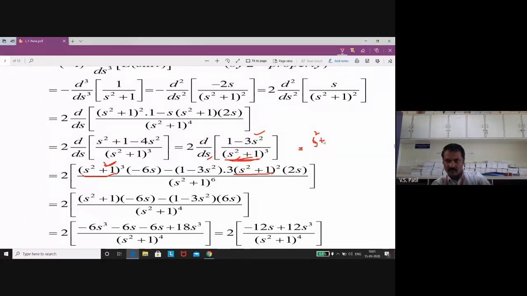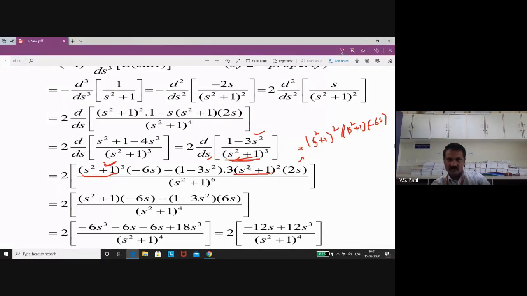S square plus 1 whole square should be taken common from this term, and you are left with what? From the first term you are left with s square plus 1, into minus 6s.